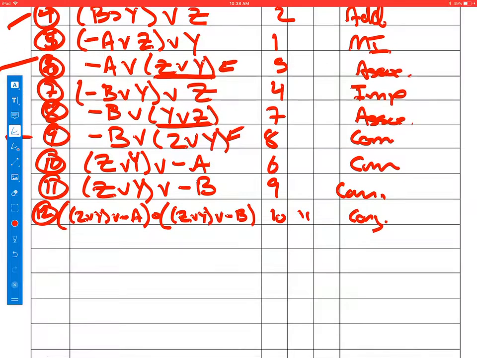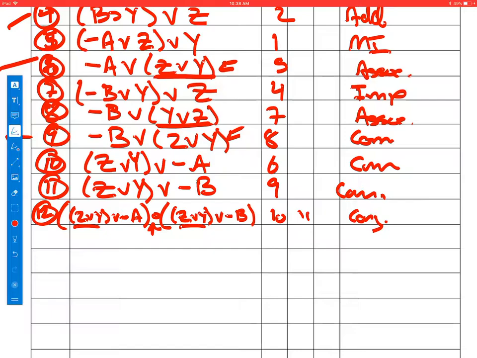Okay, now you're really going to have to use your powers of abstraction. Notice we have a Z or Y here, and we have a Z or Y there, and it's spread across a conjunction, as it were, which makes me think of distribution.